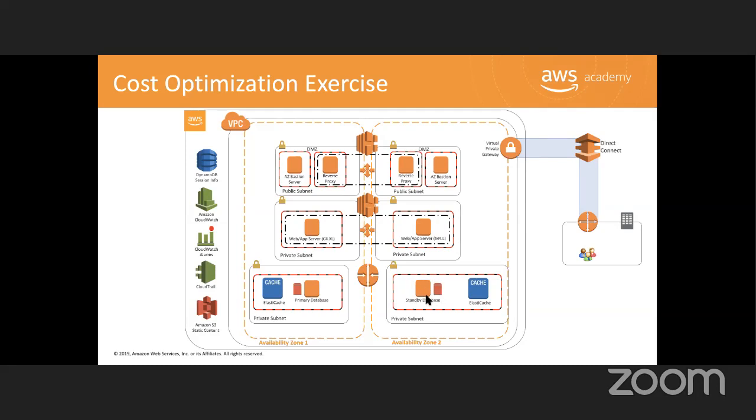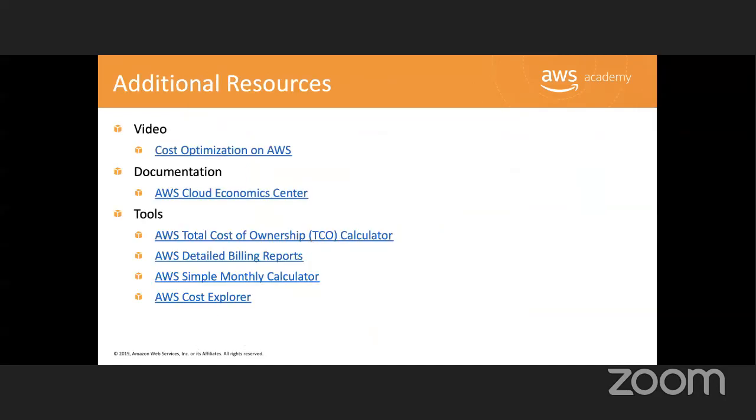So this one is standby. This one will be promoted to a master database, right? So this one, C4 xlarge, and this one M4 large, kind of unbalanced here, right?